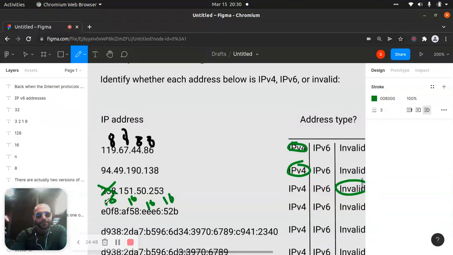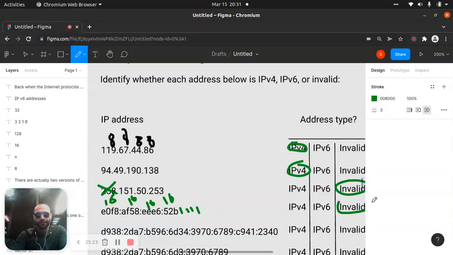But this is not IPv6, because it is just 4 parts. We need to put 8 parts here: 1, 2, 3, 4, 5, 6, 7, 8. If there were 8, then it would be IPv6, because all of them together make 2 to the power of 128. This is not true, so it is invalid.